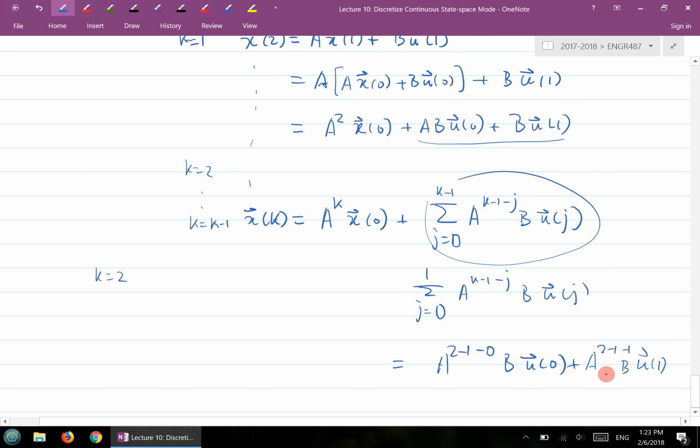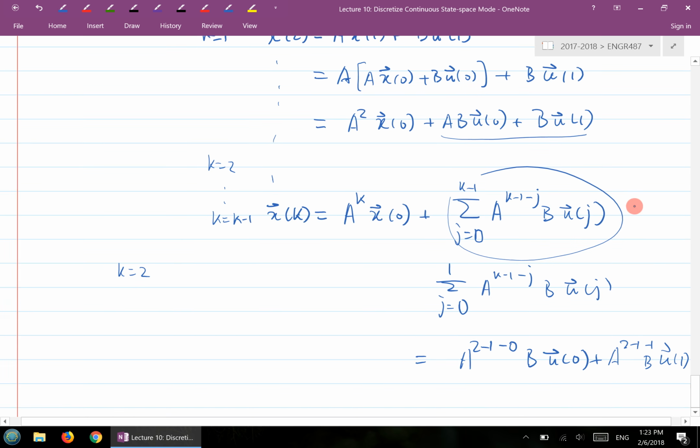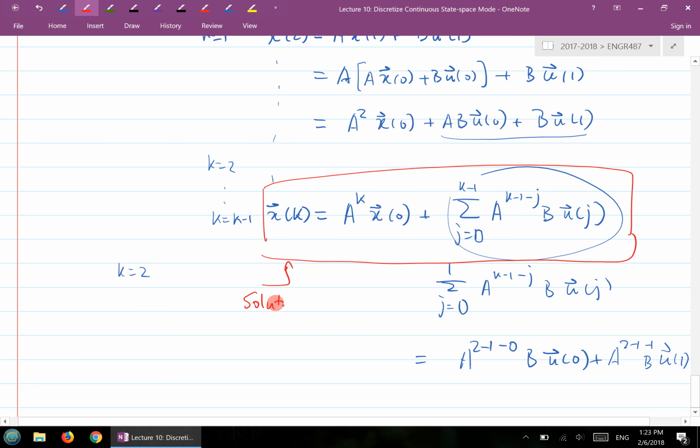Okay. Anyway, what we're really interested in here is the first term. But overall, this is basically called the solution of that difference equation, just like the solution corresponding to the differential equation, where you have x of t.